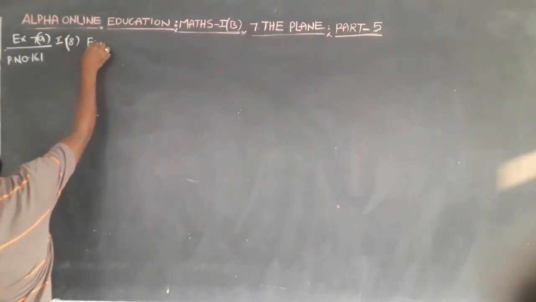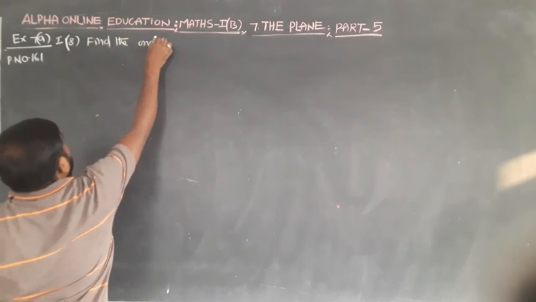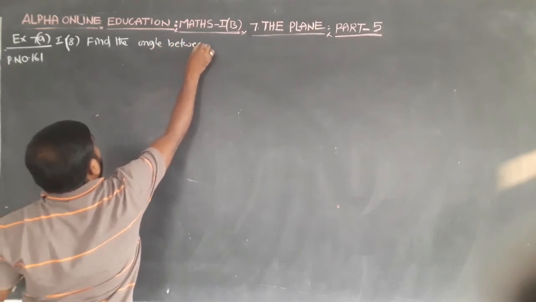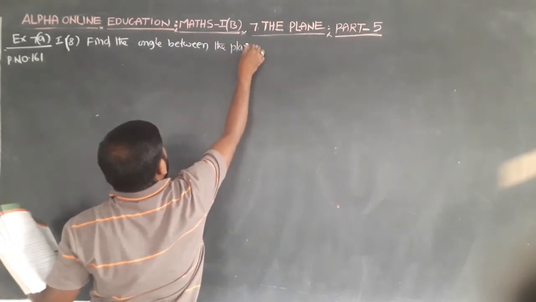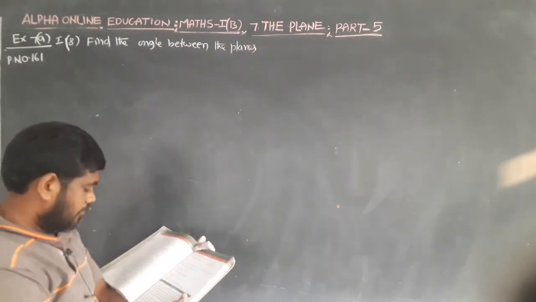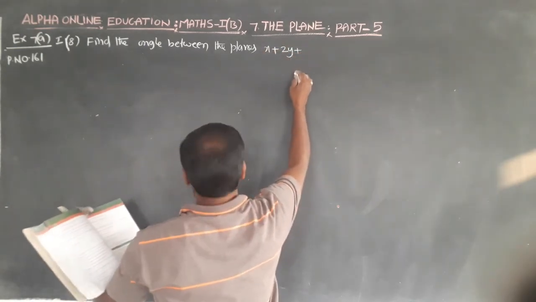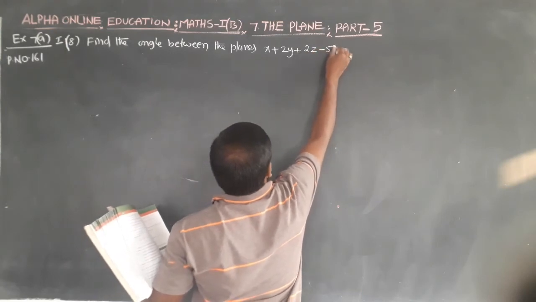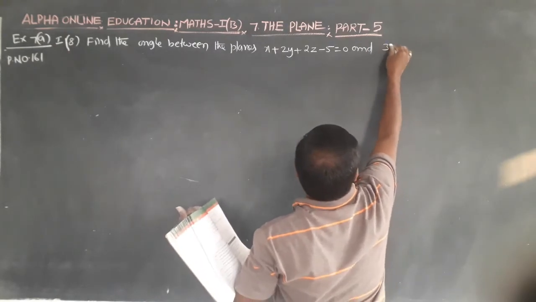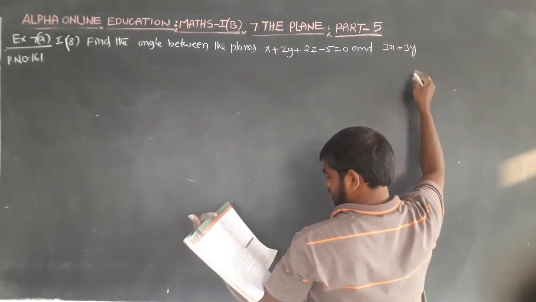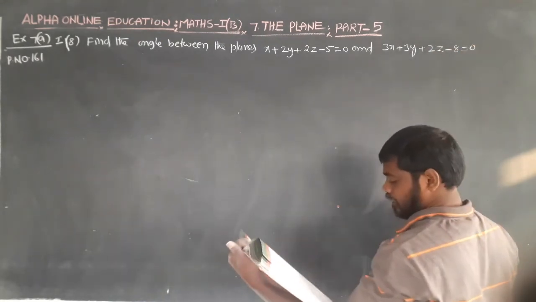Find the angle between the planes x plus 2y plus 2z minus 5 is equal to 0 and 3x plus 3y plus 2z minus 8 is equal to 0.